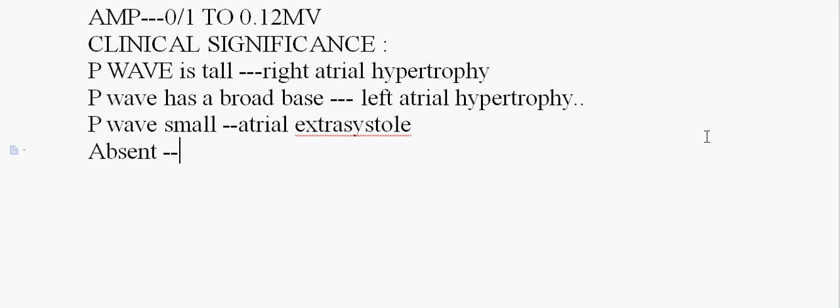And if the P wave looks small, then the patient might suffer from atrial extrasystole.